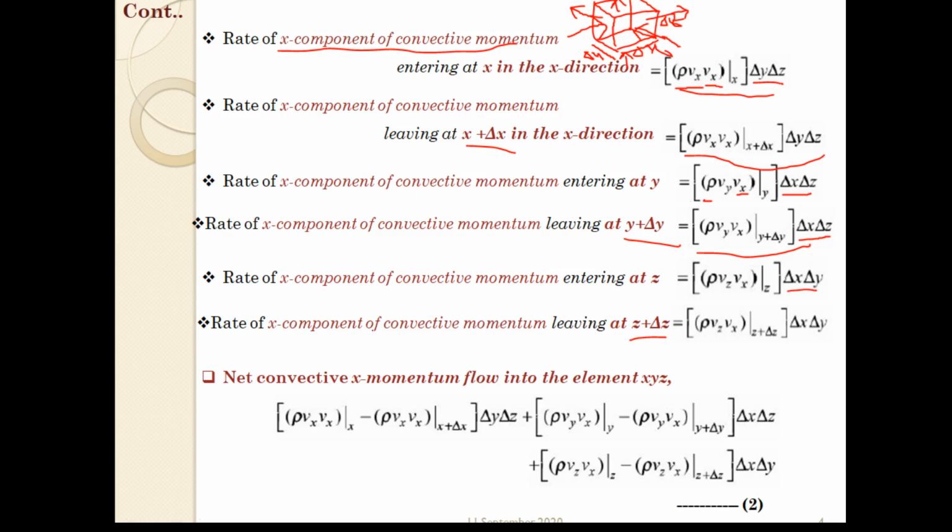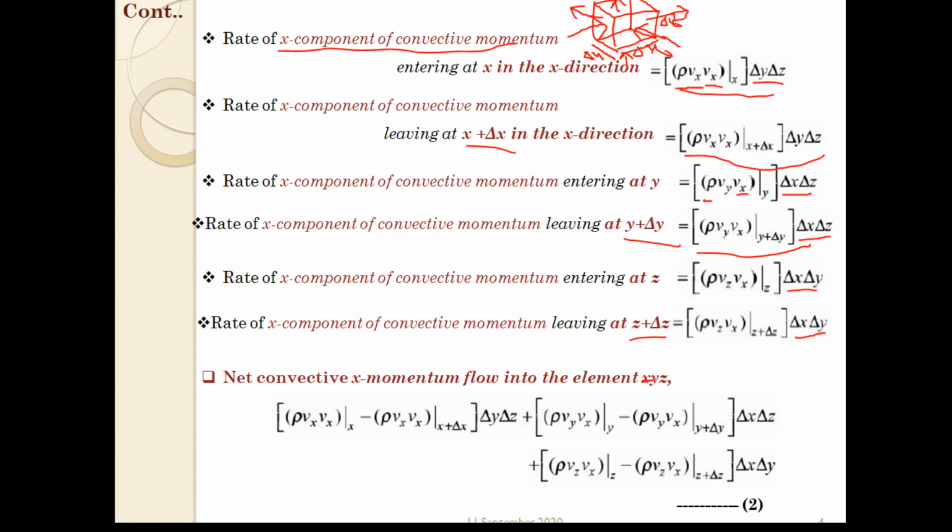So at z plus del z, the x component of convective momentum will be del x del y multiplied with rho vz vx at z plus del z. So the net convective x momentum flows into the element del x del y del z.